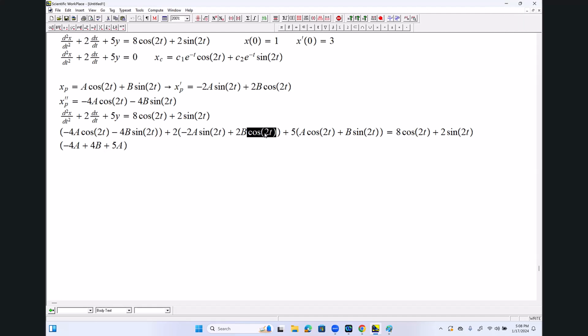So this is what we get for the cosine of 2t. Then for sine, we will get -4b, and then -4a, and then plus 5a sine of 2t, right? Did I do it right so far?